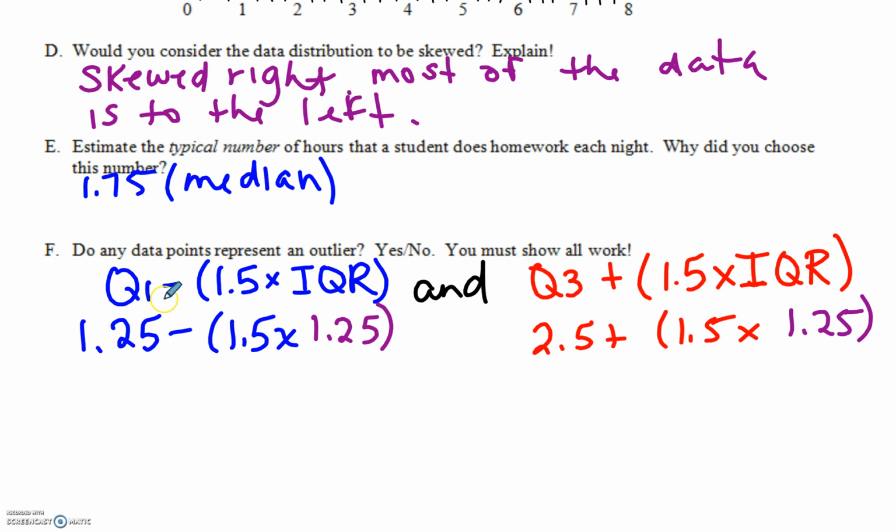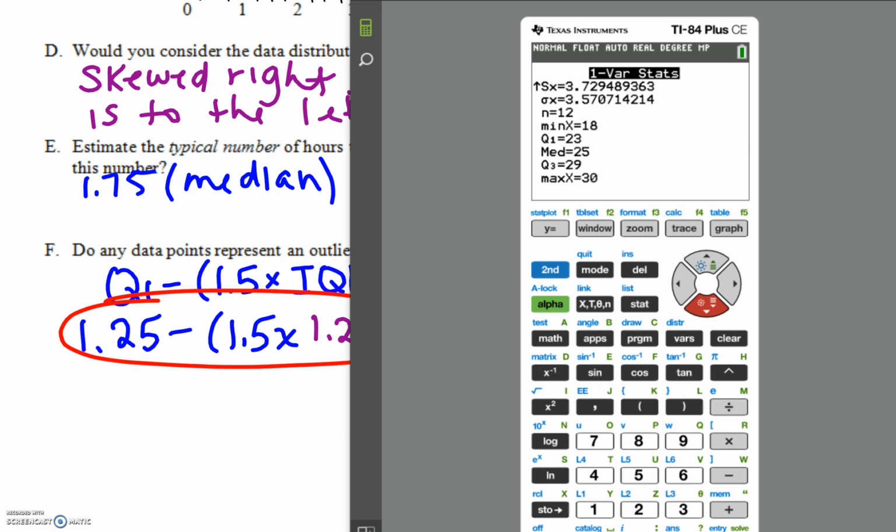So I'm going to take all of this and type it into the calculator exactly how I see it. 1.25 minus 1.5 times 1.25. So negative 0.625.